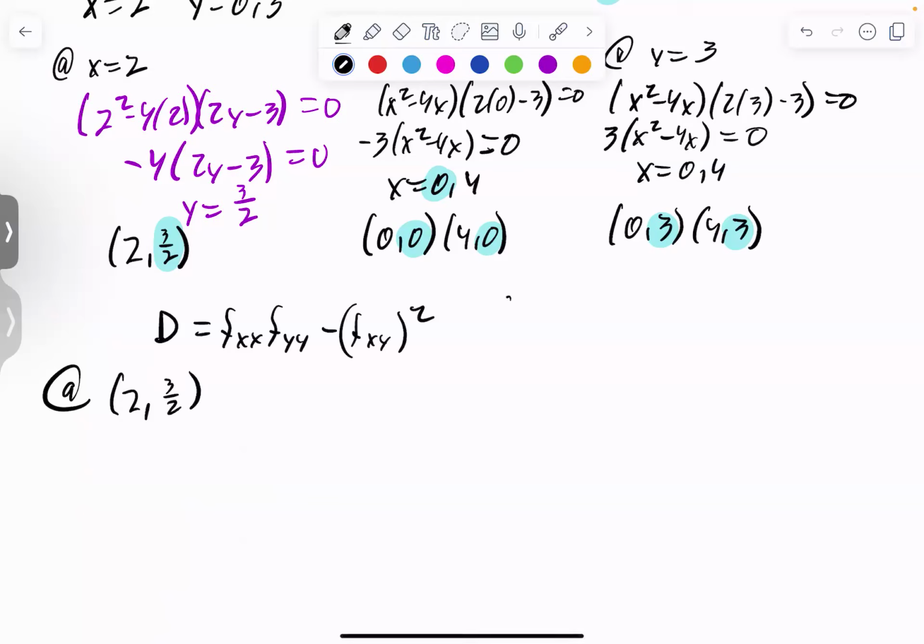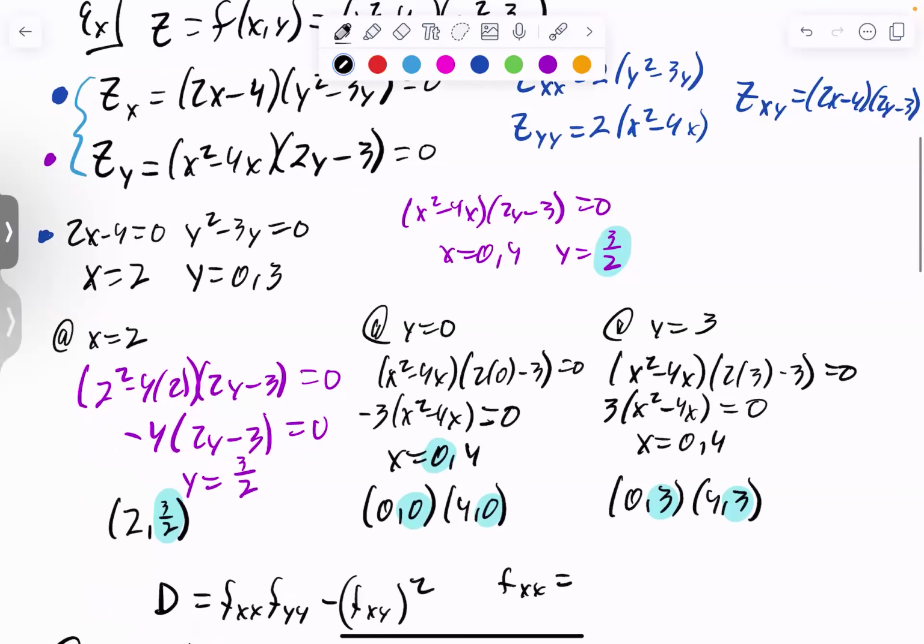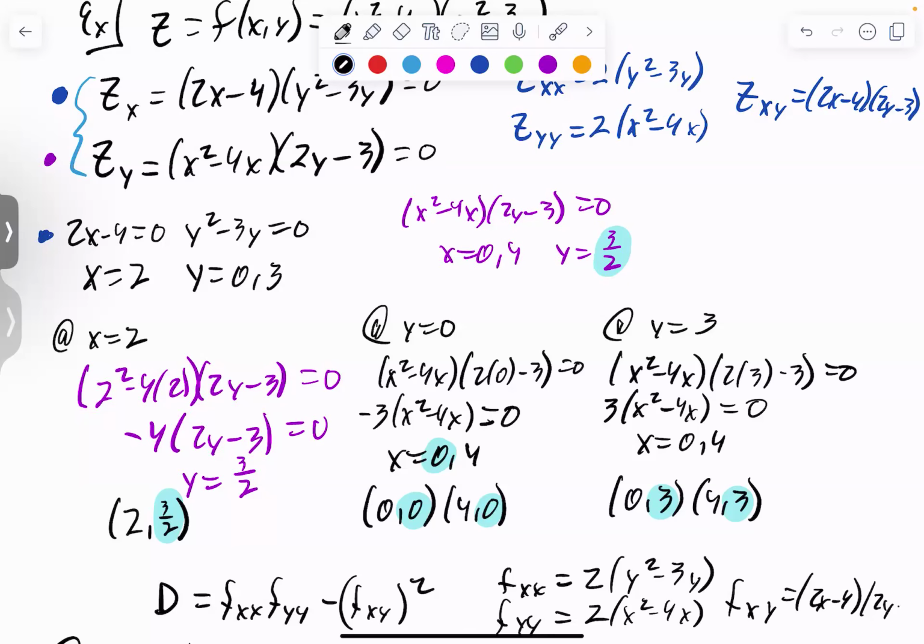And let me just do this. I'm going to recopy these down. F sub xx is 2 times y squared minus 3y. F sub yy is 2 times x squared minus 4x. I'm just copying from above. And f sub xy is 2x minus 4 and 2y minus 3.